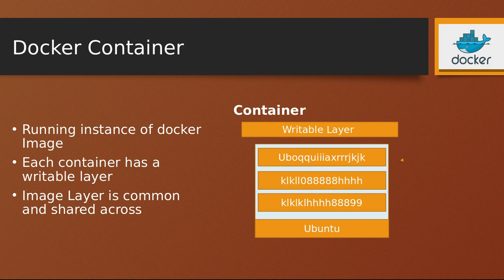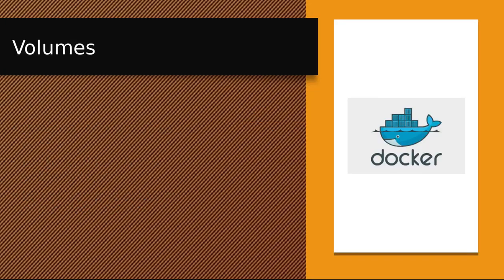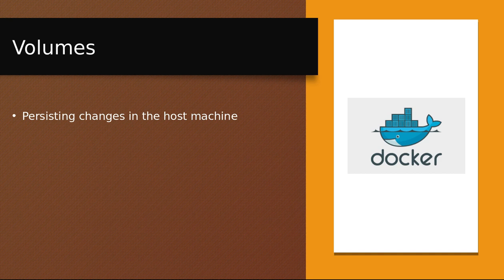To solve that, we have Docker volumes. Docker volume comes into the picture to solve these persistence problems, where we can persist data on the current host machine. We can give a drive or a folder where we can store the data on the host machine.